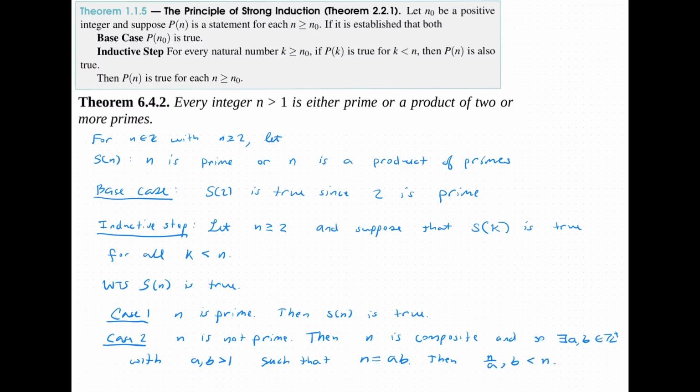By strong induction, so by our inductive hypothesis, which I'm abbreviating to IH for the scratch work here, we have that S of a and S of b are true.